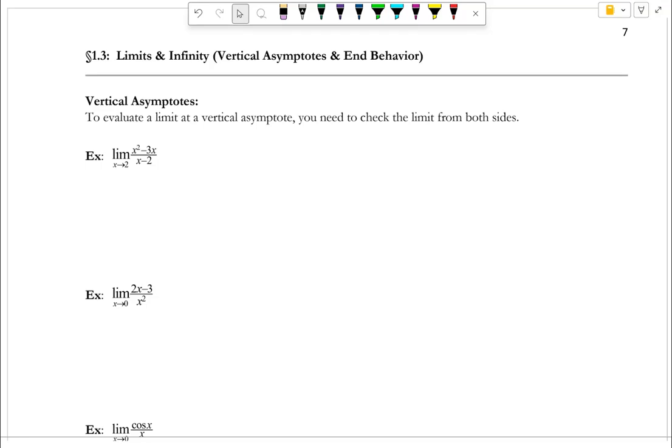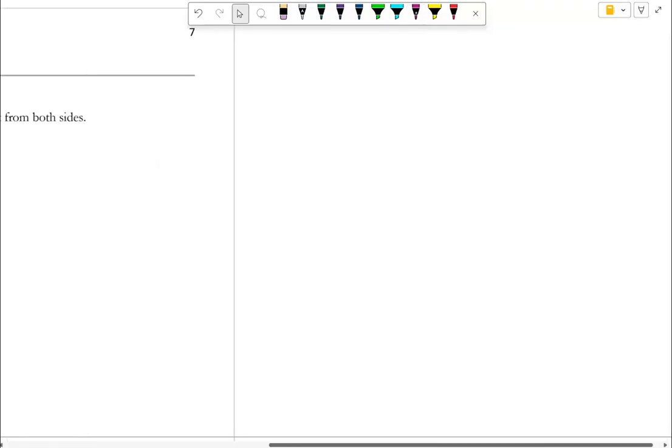And with end behavior or potentially horizontal asymptotes, we know we are considering a limit as x approaches positive or negative infinity. So for vertical asymptotes, remember that there are four possible scenarios when we have a vertical asymptote.